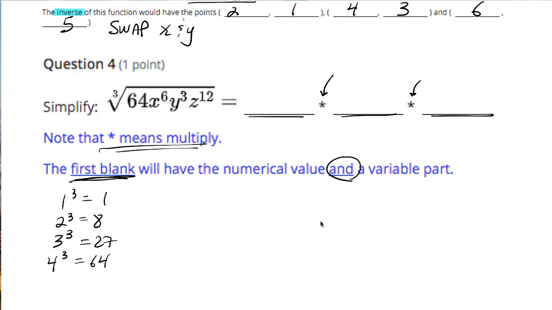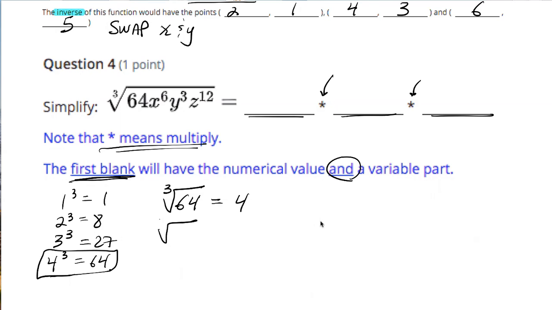So can we write 64 as the cubed root of something? Actually, yeah, this one right here. We could write 64 as 4 to the 3. So that means when we do a cubed root of 64, we would get 4.